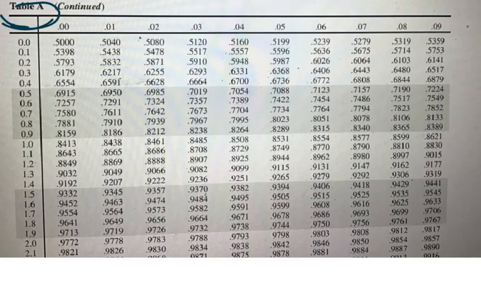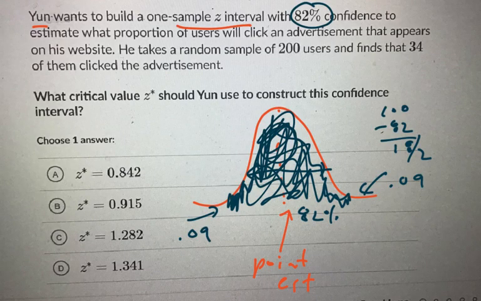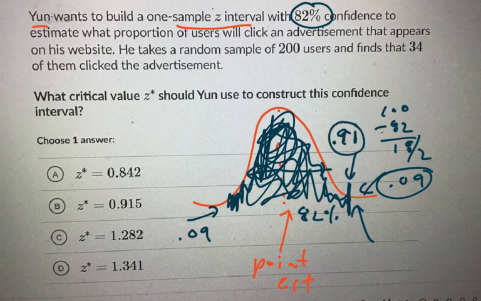And basically we'll focus on the top limit here. If I'm missing 9%, that means this mark is at the 91% level, right? In other words, the middle 82% goes from the 9% mark up to 91%. If you do the difference, of course, there's your 82% in the middle.